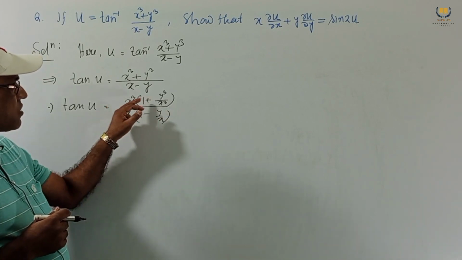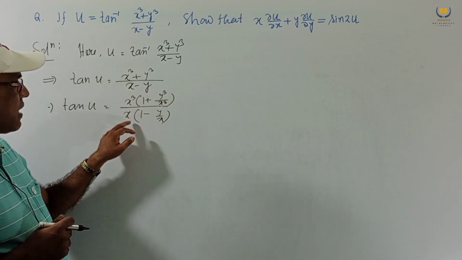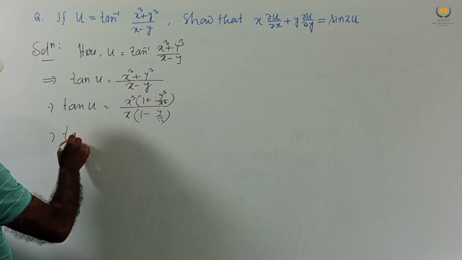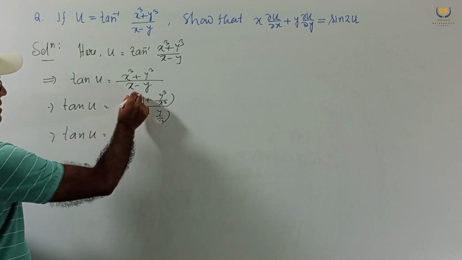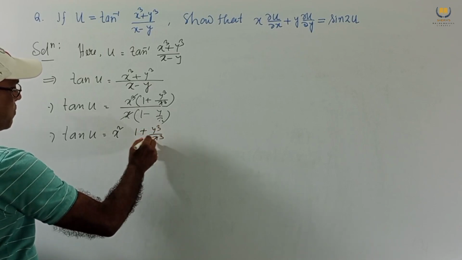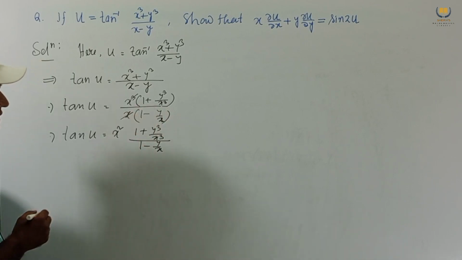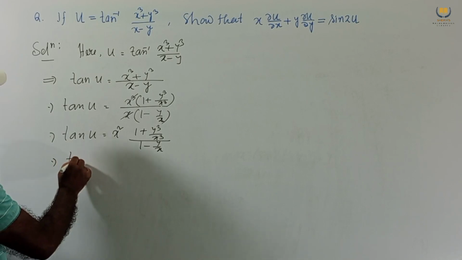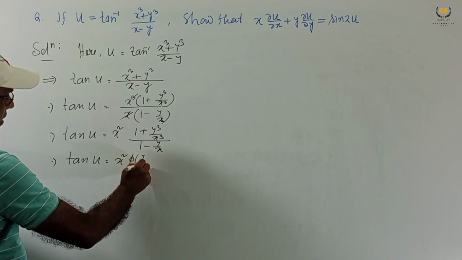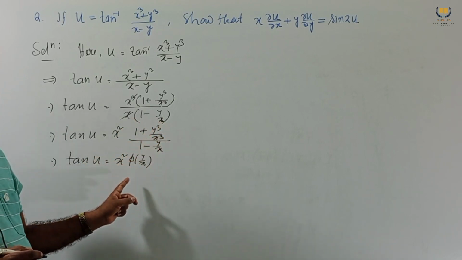Multiplying x³ into 1, the x³ cancels, and x into 1, the x cancels, so we get x square into (1 plus y³ by x³) divided by (1 minus y by x). So this can be written as tan u equals x square phi of y by x, because this is in the form of y by x, and we write the whole as phi of y by x.